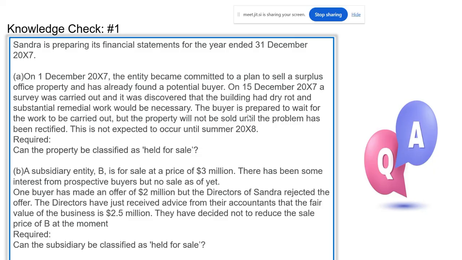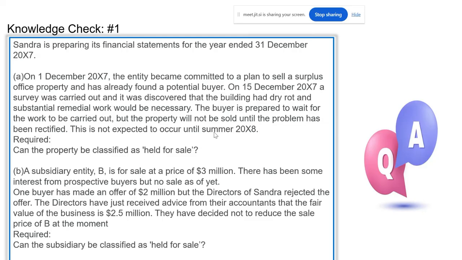The buyer is prepared to wait for the work to be carried out, but the property will not be sold until the problem has been rectified. This is expected to occur until summer 2028. Required: can the property be classified as held for sale?